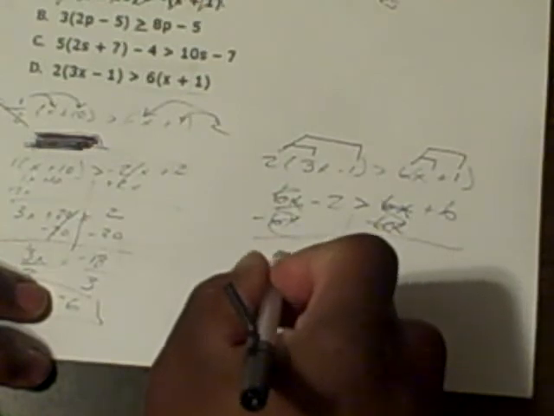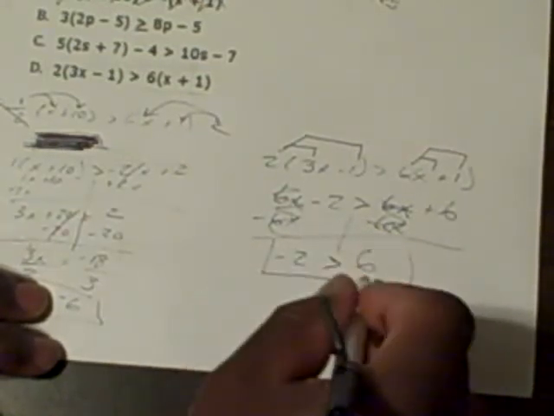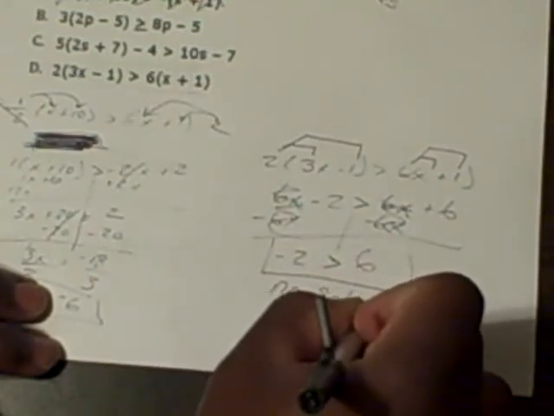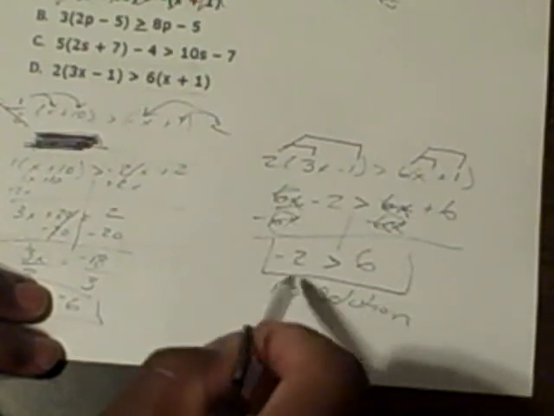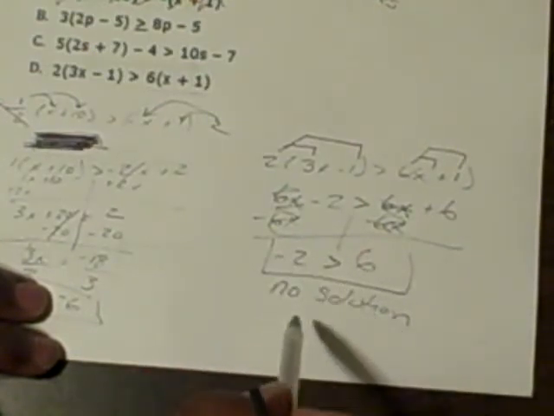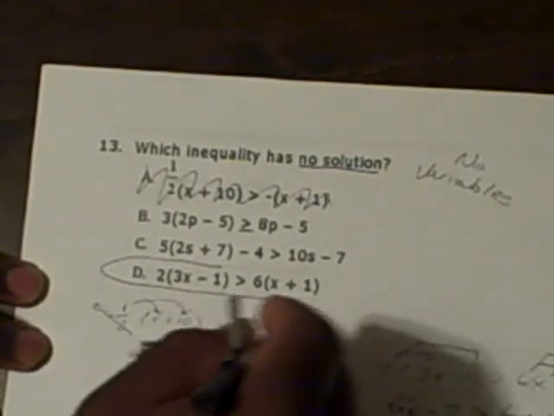You're absolutely right. It is not true. And so the fact that it is not true and we don't have any variables, this would be no solution. Had these numbers come out to be equal, our answer would be all real numbers. But for the sake of this problem, our answer choice is D.